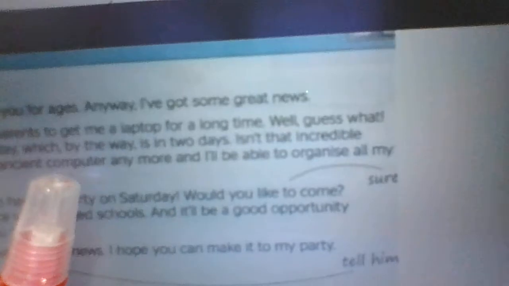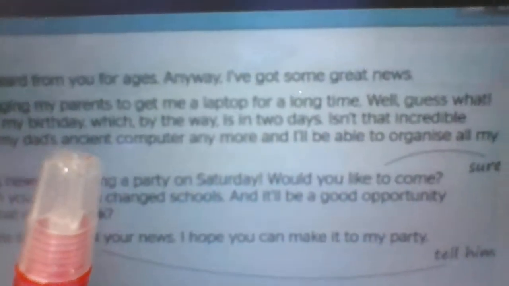What does it mean by ancient? Ancient here means old, or actually it's ancient, right? So put in your vocabulary book, ancient means old.